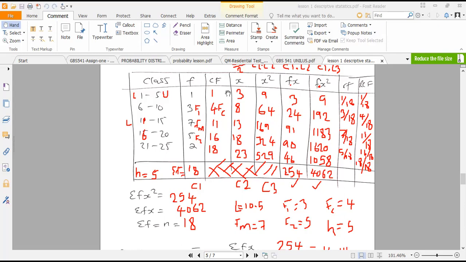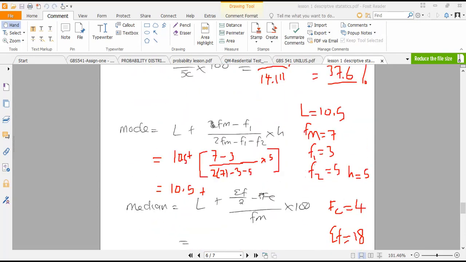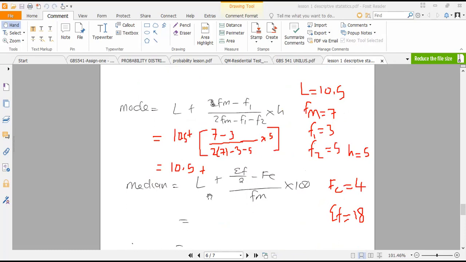It's 11. The number on top of this 11 is called your Fc. The number next to the 11 is your Fm. Then at the far end you find your lower bound, which is 10.5, because this is not yet adjusted. After finding all the values, you substitute them in the formula to get your median.